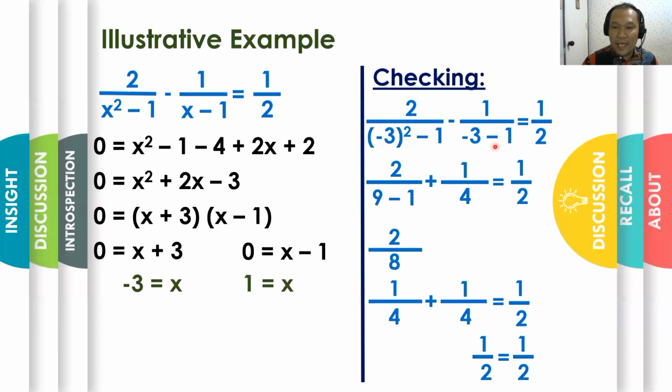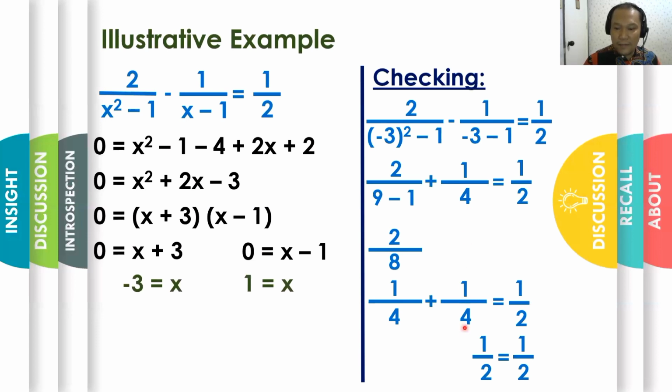Negative 3 minus 1 will be negative 4. But since we have subtraction here, we change the operation to addition. And the moment we change the operation to addition, the subtrahend sign also changes. Therefore, it becomes positive 4.